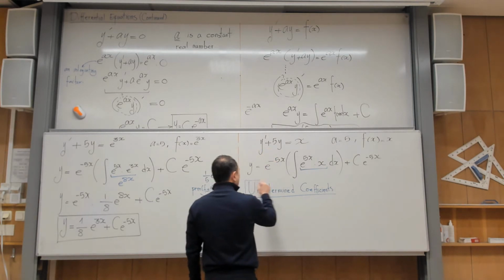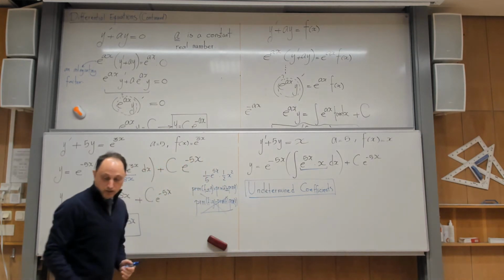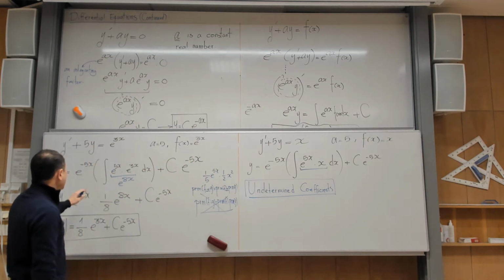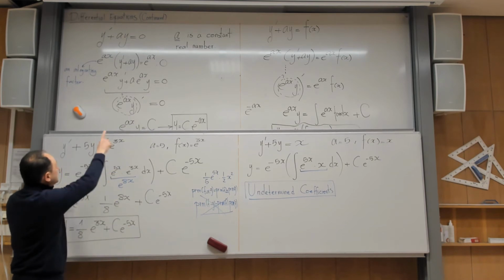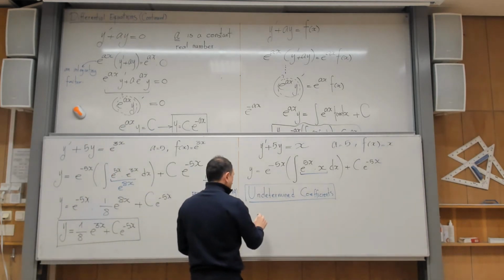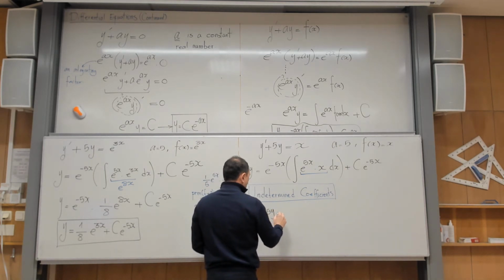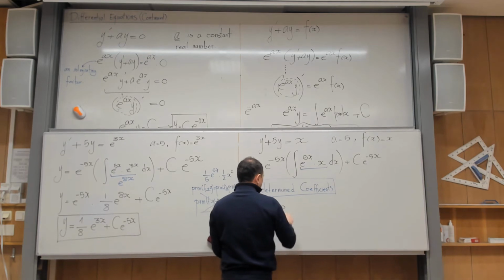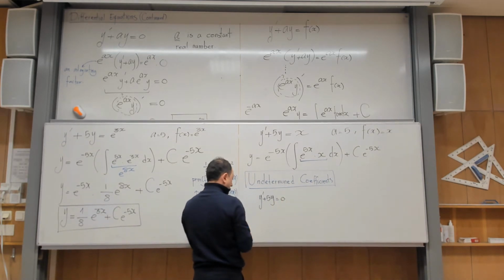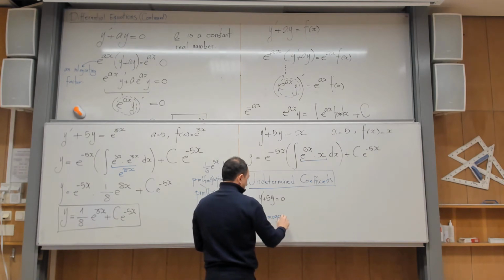Before describing this one to you, I want to differentiate between two types of differential equations. The differential equations on which you have 0 on the right-hand side are called homogeneous differential equations. Yes? So here, y prime plus 5y equals 0 is called homogeneous.